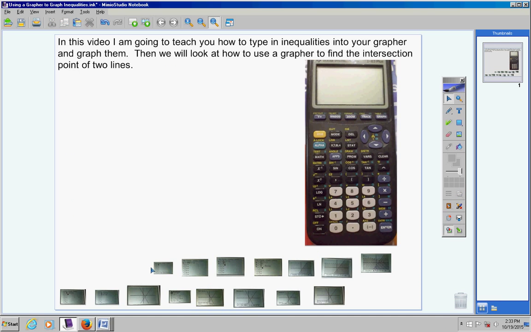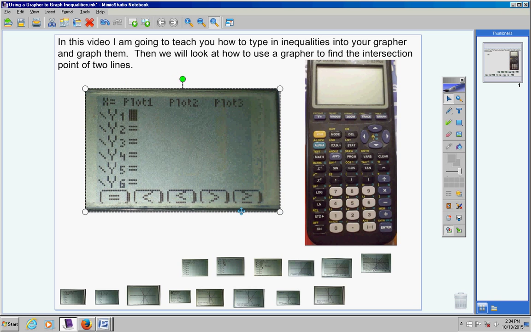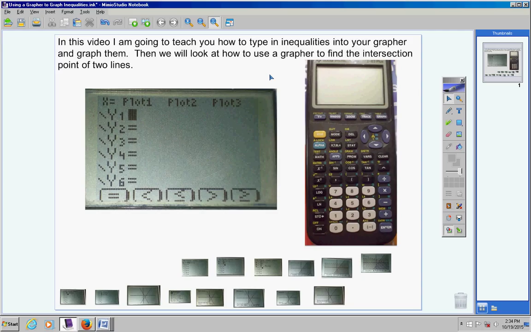Now this is an older calculator, so it might be a little different, okay? This screen automatically popped up on my calculator. Now if yours didn't, maybe your screen went totally blank, that's okay. If you're not on this screen here, hit Y equals. And when you hit Y equals, something like this should pop up.